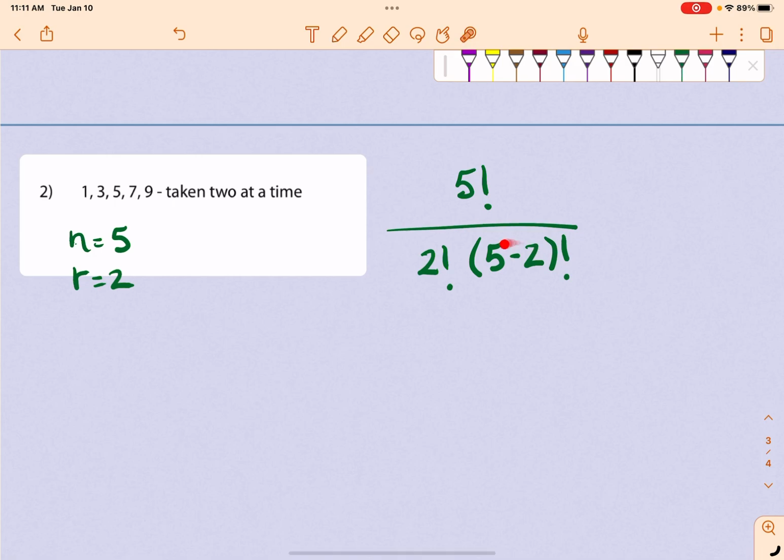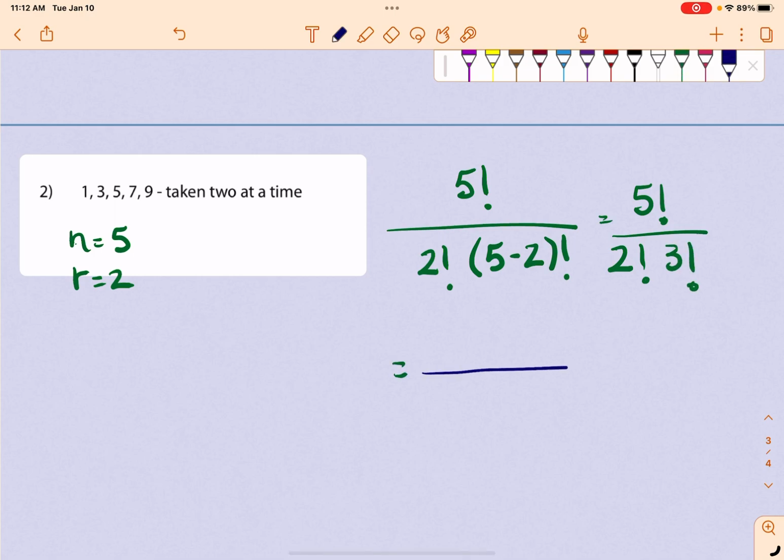So I know in this 5 minus 2 is going to be 3. Okay, so let's expand. So 5, 4, 3, 2, 1 on the top. On the bottom, I have 2 and 1, that's the 2 factorial. And then I have the 3 factorial, which is 3, 2, 1.